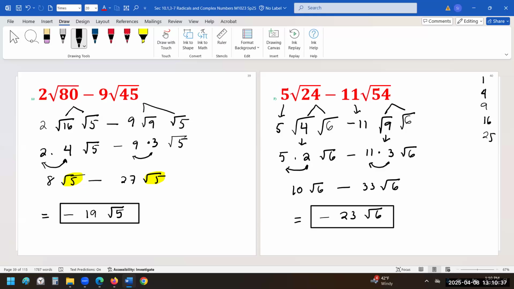The perfect square means the same number multiplied twice. Like 1 times 1 is 1. 2 times 2 is 4. 3 times 3 is 9. 4 times 4 is 16. These are perfect square numbers. So your goal is to divide your radicand by the highest perfect square number that is divisible by that. Okay? Any question?